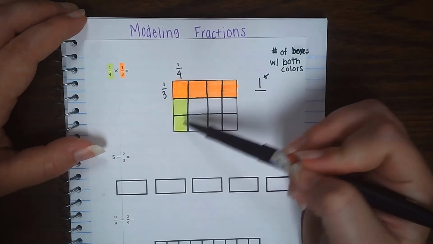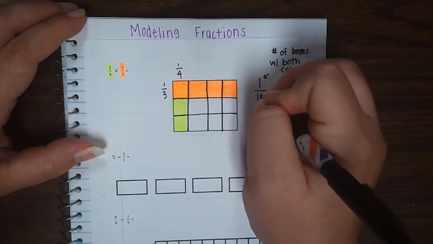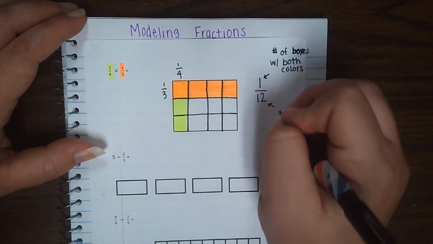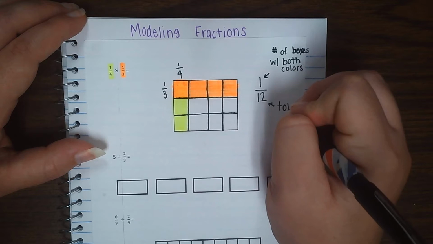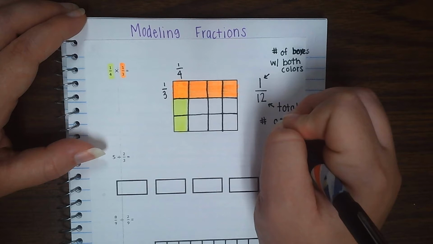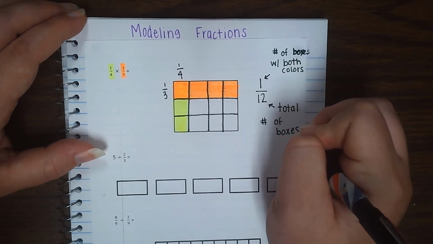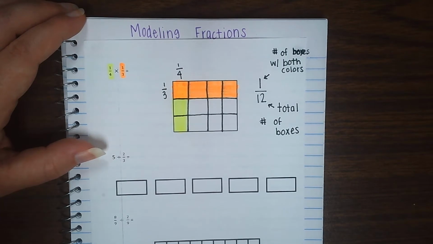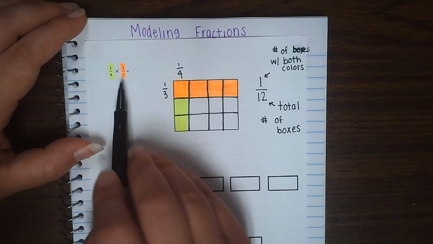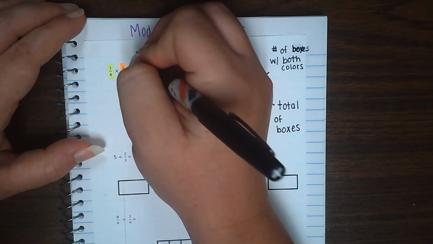So we've got 1, 2, 3, 4, 5, 6, 7, 8, 9, 10, 11, 12 boxes. And that is represented by the total number of boxes. So when we are multiplying 1/4 times 1/3, our answer is 1/12.